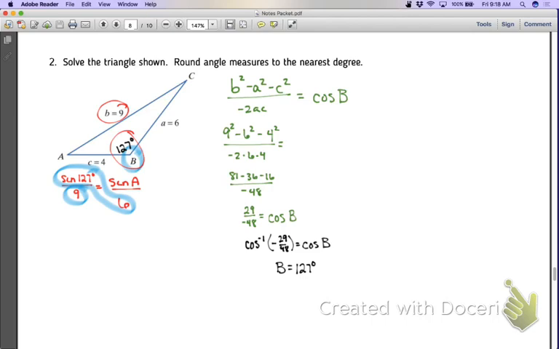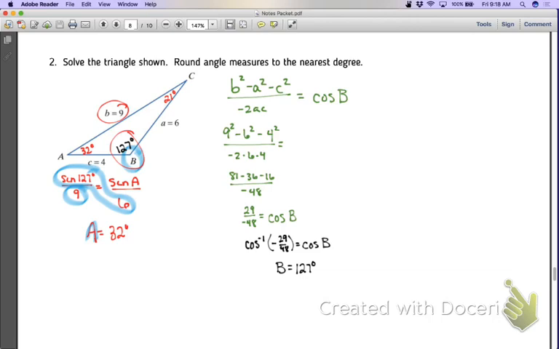You would go second sine and second answer and have, what? I have 32 degrees. So then I have 32 degrees, I have 127 degrees, I subtract that from 180, and I end up with a 21 degree angle up here.